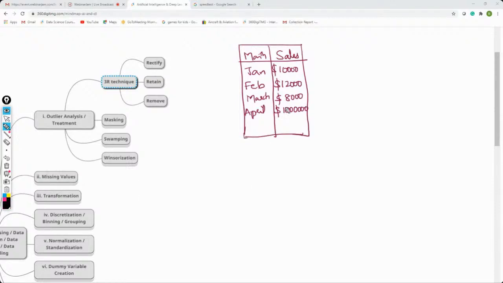$1 million. So if you observe carefully, this appears to be a number which is very different than the rest of the numbers.